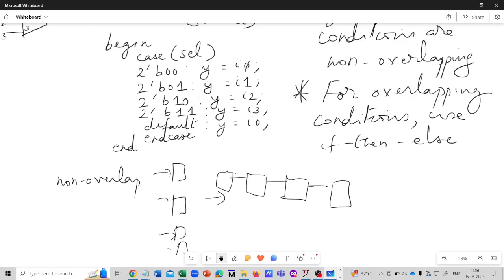So one key takeaway here is that we have to be very discreet, very choosy while using the if then else statement, because the more the number of branches in the if then else block, the larger will be the delay. Of course, we will examine all these nitty-gritties of synthesis in some of the later sessions.